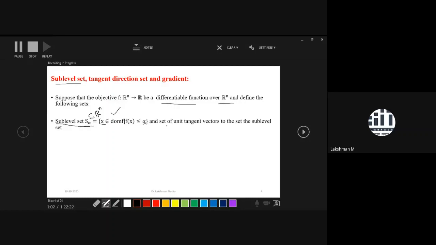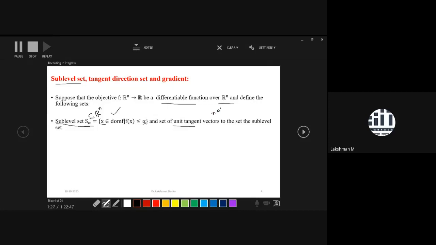Now, once we have the sublevel set, with respect to this we can also define a collection of unit directions at a fixed point. We will take point y. Here we have taken alpha arbitrarily. In order to define a direction to the sublevel set, we first have to take a point from the domain itself.